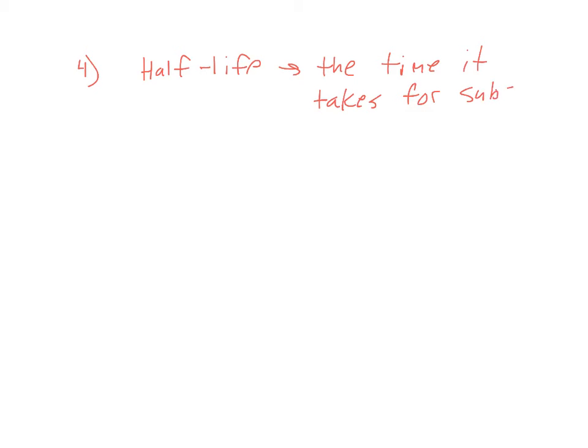All right, looking at problem 4 on the mid-quiz, we're dealing with a radioactive substance here that essentially decays over time. The idea of a half-life is the time it takes for the substance to lose half its quantity.